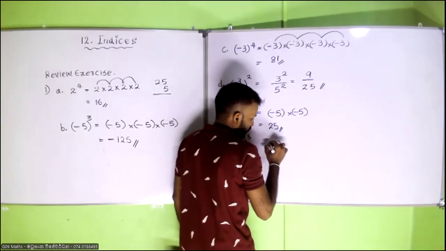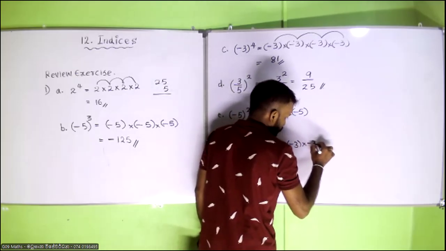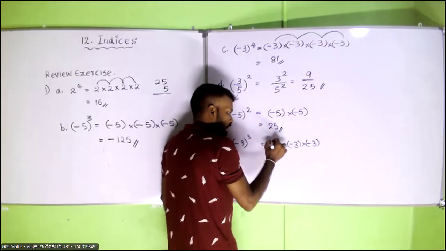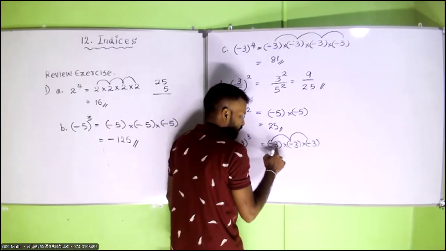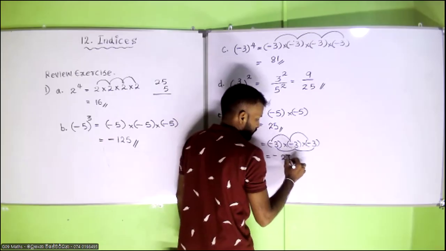Negative 3 multiplied by -3 multiplied by -3. 3 times you have to multiply repeatedly. First sign. Negative into negative, positive, positive into negative, negative. Okay. 3 times 3, 9, 9 times 3, 27. Done.